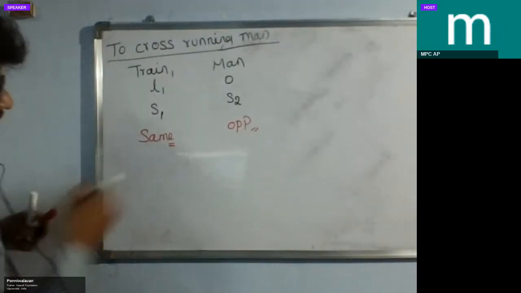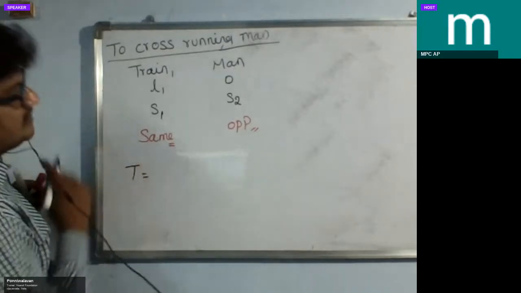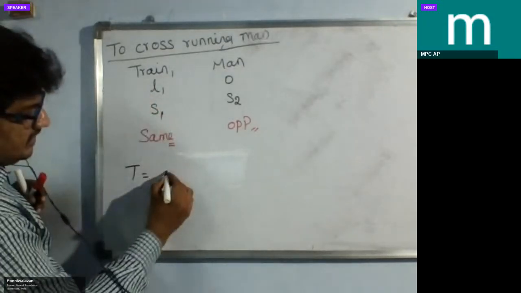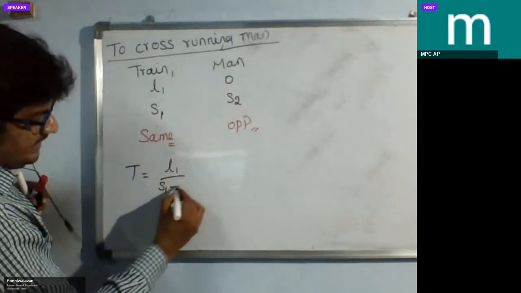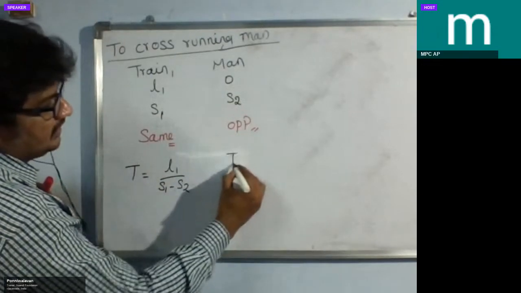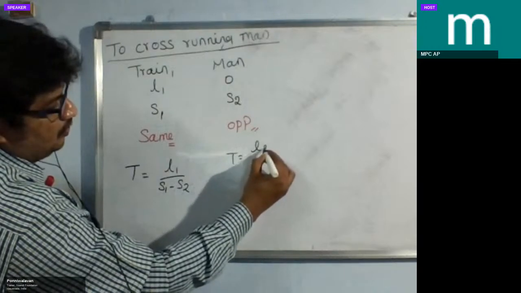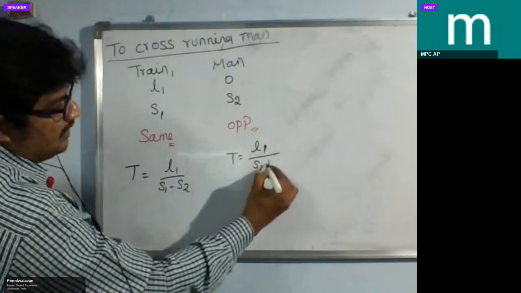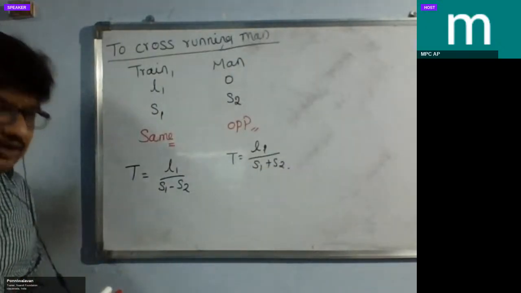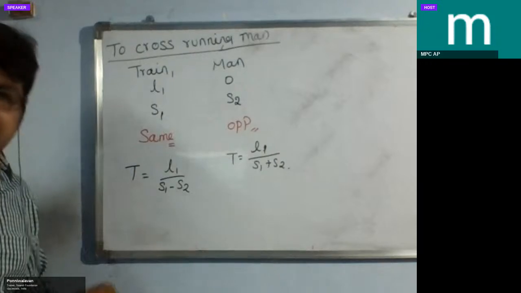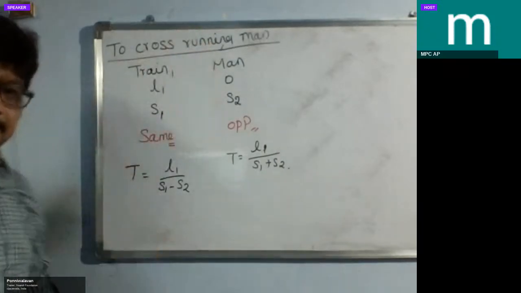Now the time taken is, here it is L1. Distance is L1, divided by S1 minus S2 for the same direction. Here it is L1 divided by S1 plus S2 for the opposite direction. Now tell me, are you able to find all the 4 categories?